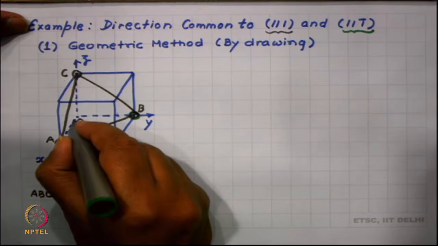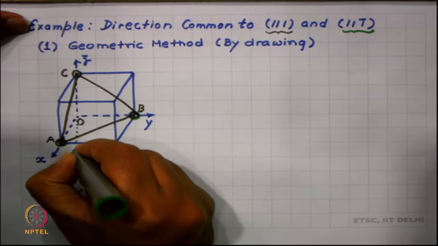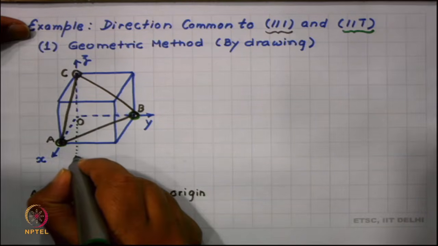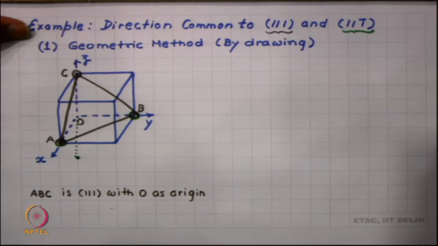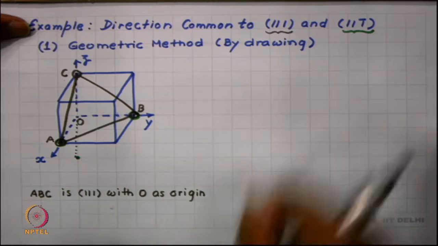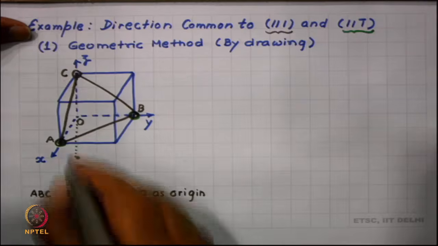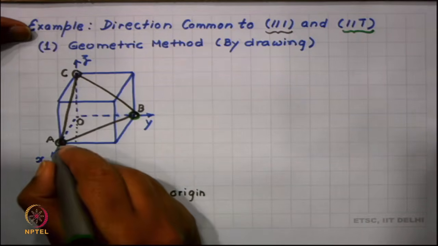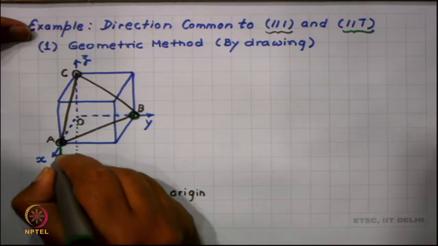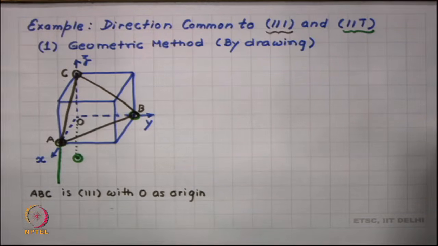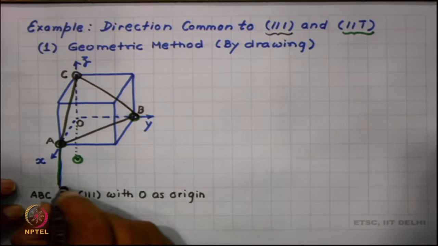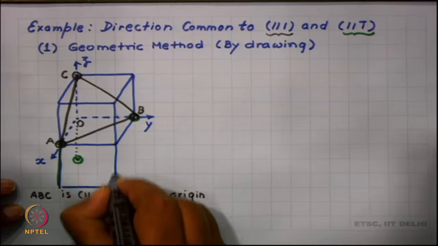So, I really have to go in the negative direction of the z axis to find the intercept of this new plane on the z axis. So, the third point is here. So, for reference let me draw a unit cell lying below this unit cell. Let me draw it in blue only. So, I have a unit cell now.